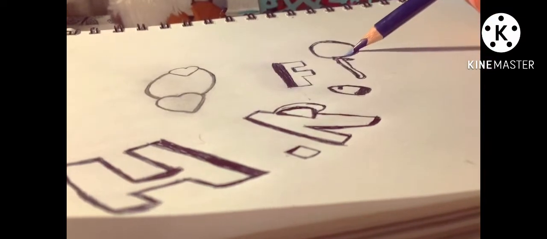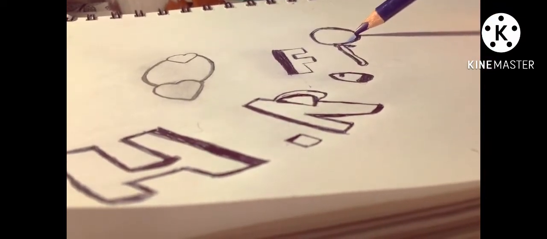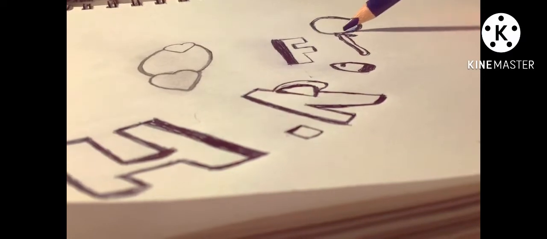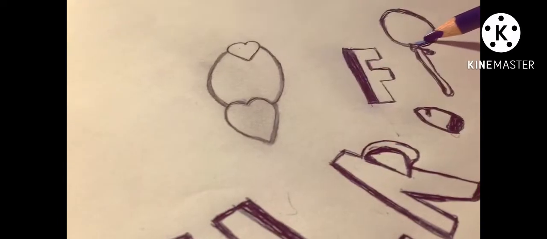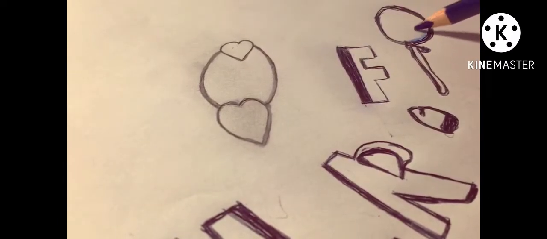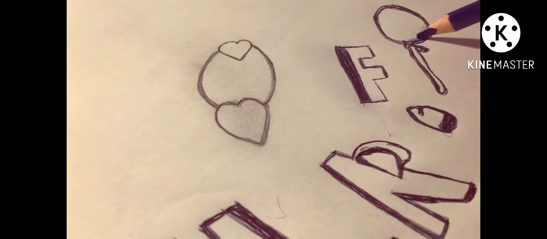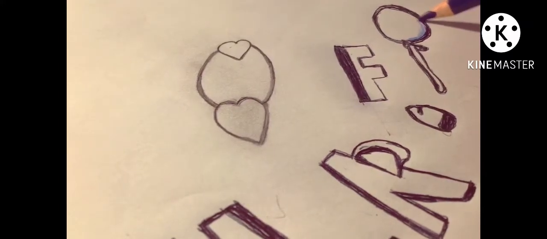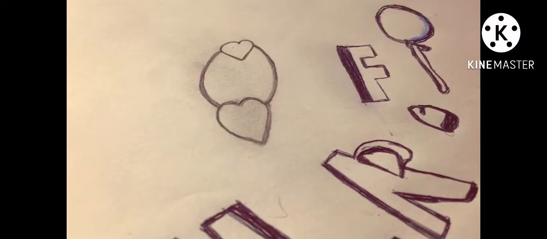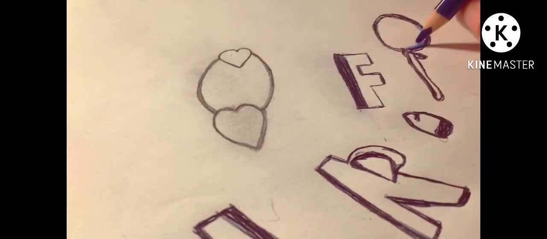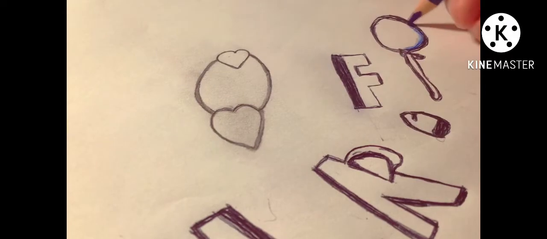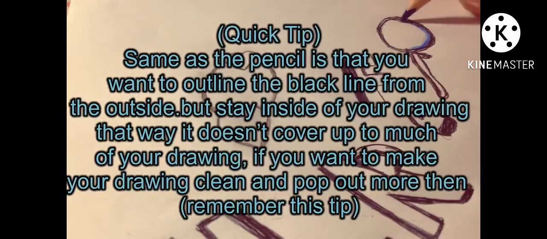You see, it's again a process, but these are my initials, H and R. What you can do when you are coloring, when you want to color in the fill, what I do, I don't color in the fill right here all around yet. I just go all around like this. And this is also a slow process.